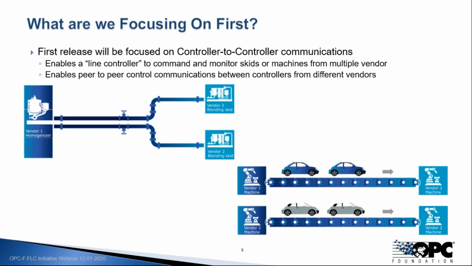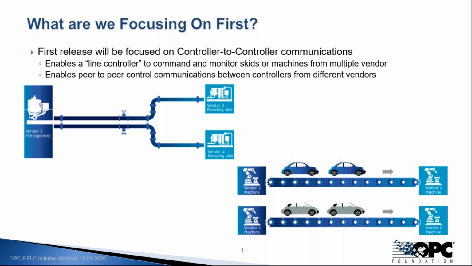By focusing first on controller to controller, we can address very significant customer problems, such as the need to bring in skids from one vendor, as in the diagram on the left, and have them integrate with some sort of line controller from a different vendor.